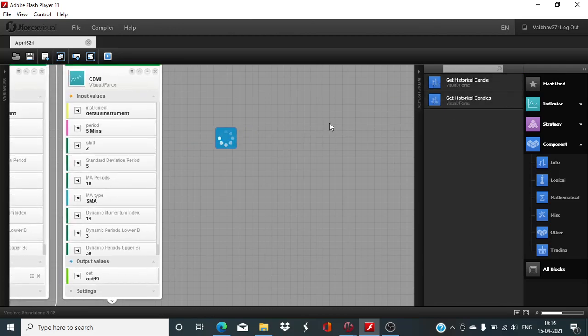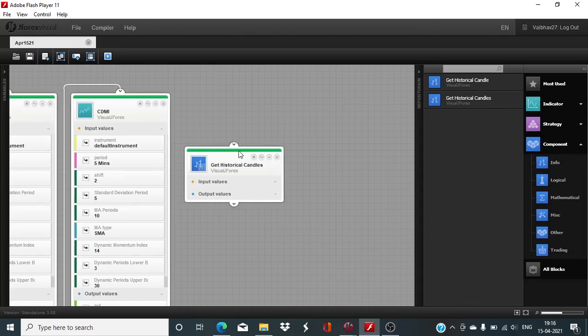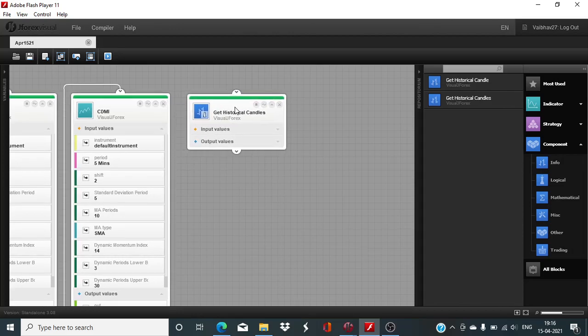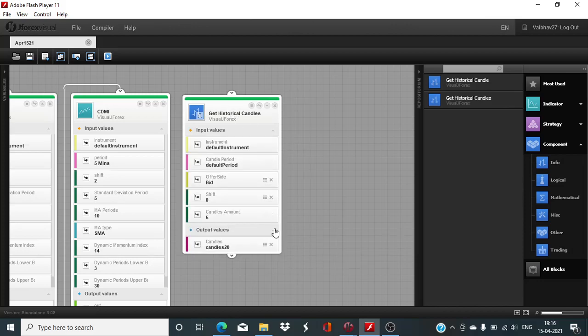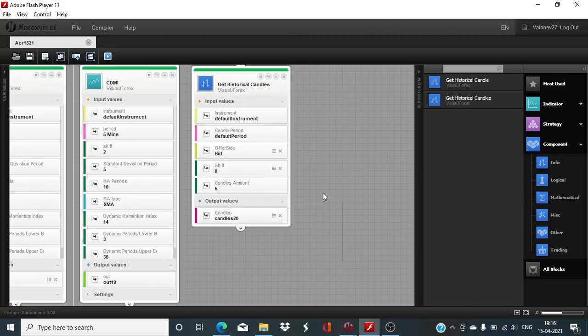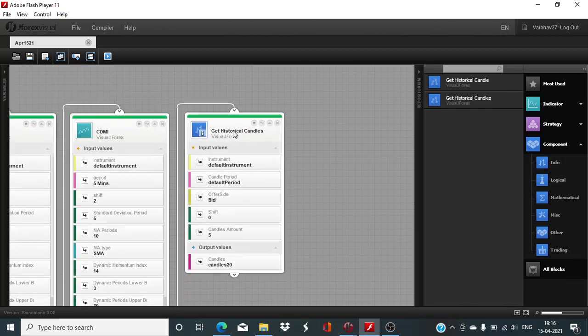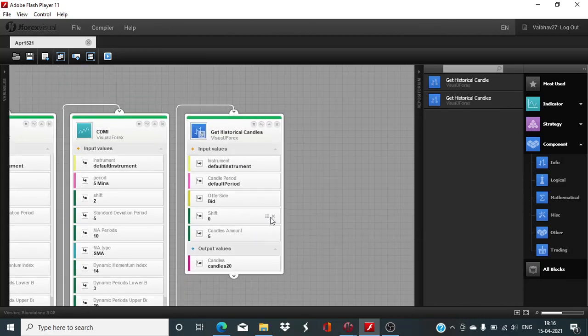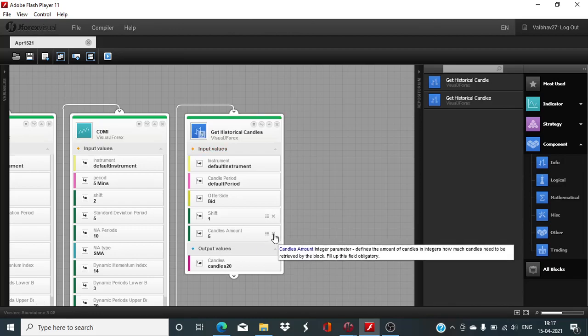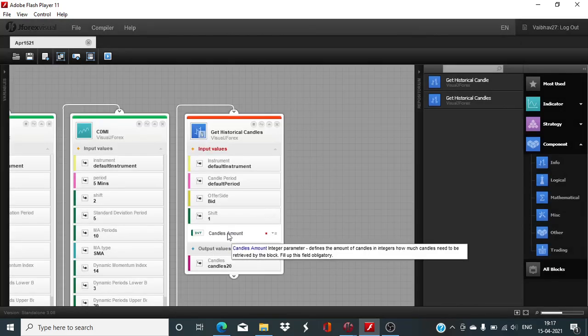Get historical candles, candles of four candles of hourly time frame. This will be changed to 1. And this amount changed to 4.